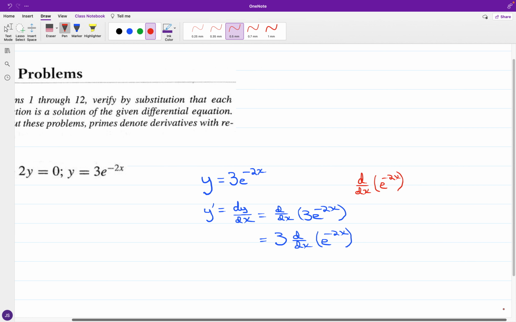For the power, you have negative 2x, which is going to have a derivative of negative 2. Extending this a bit, you have e to the negative 2x times the derivative in x of negative 2x.